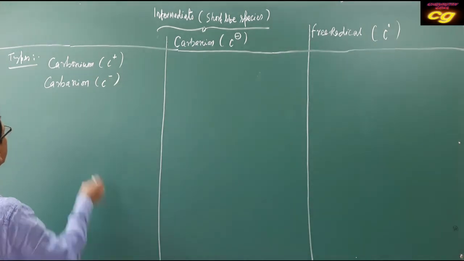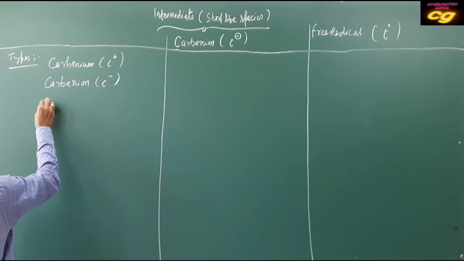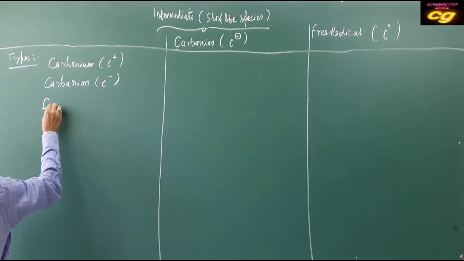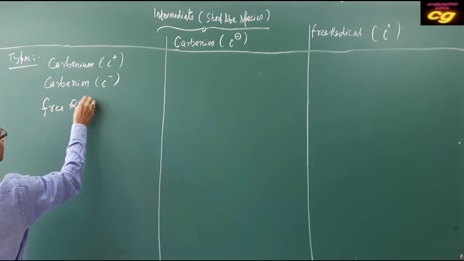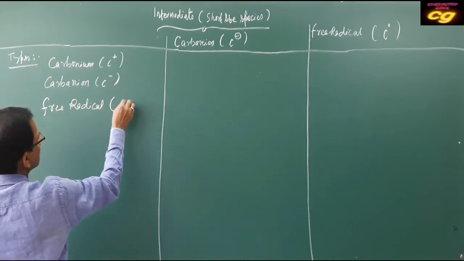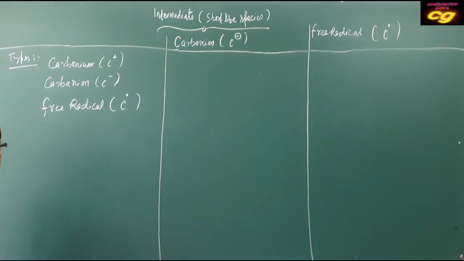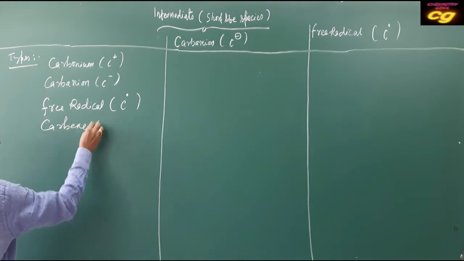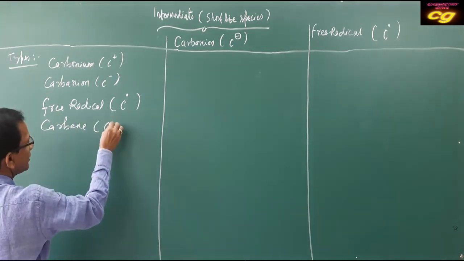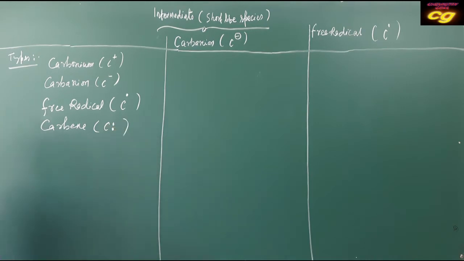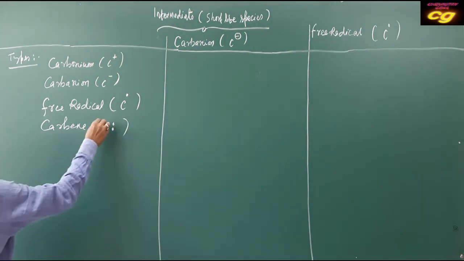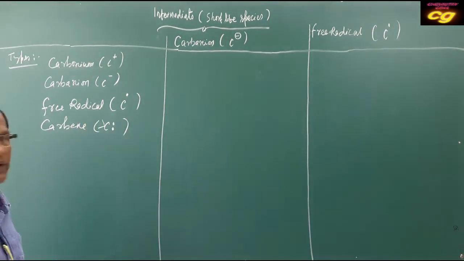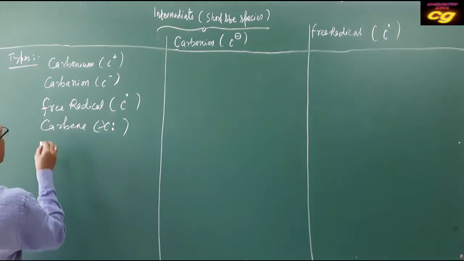Then free radicals, these are carbon having unpaired electrons. Carbene, that is carbon having two electrons. Carbon having two electrons, it may be in paired form or unpaired form, that is carbene.